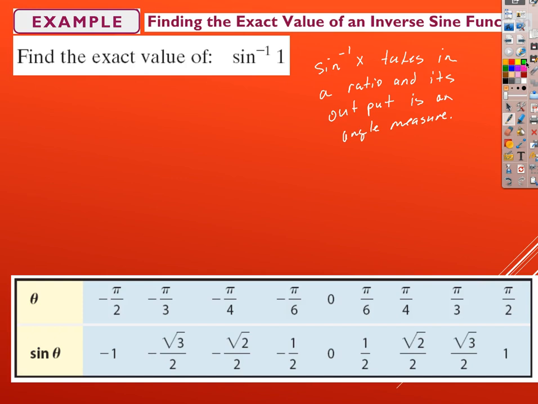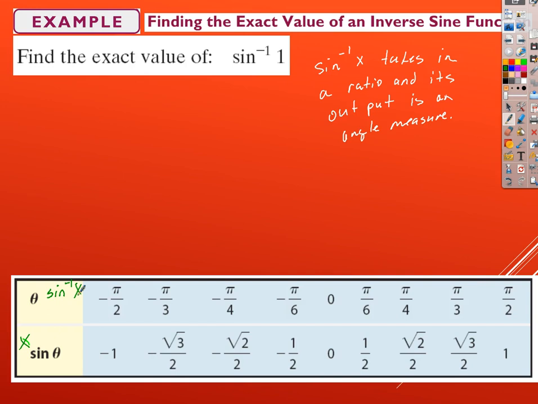What this means is that in this example, even though it's theta, this is now going to become my output, and this is my input. So if I want sine inverse of 1, I can say that this is x, and this is also sine inverse of x.